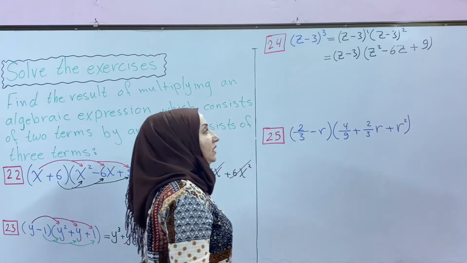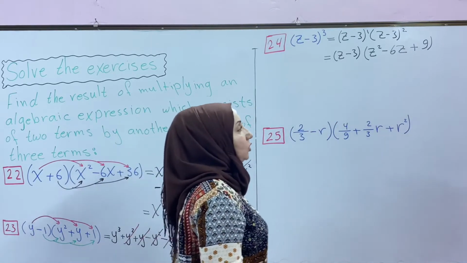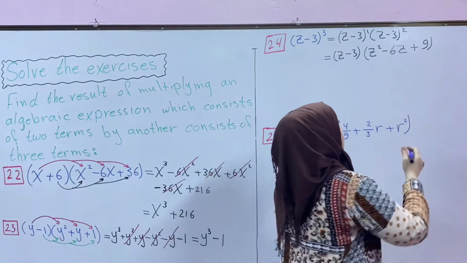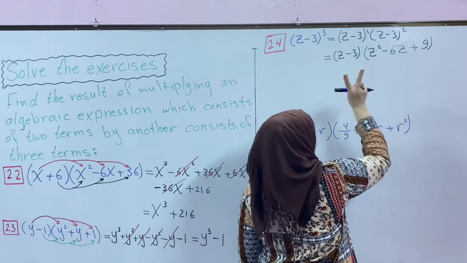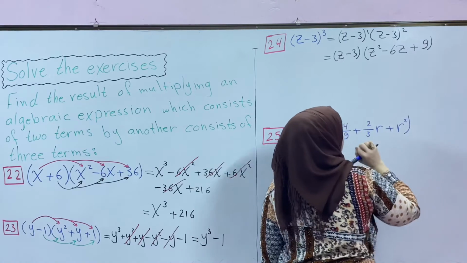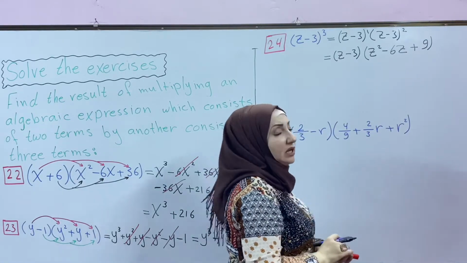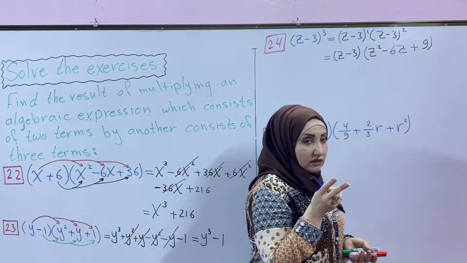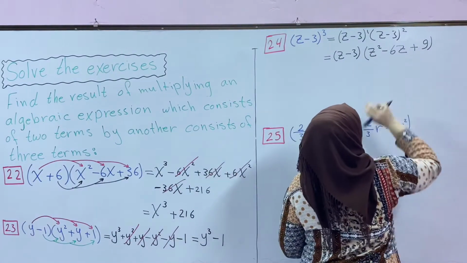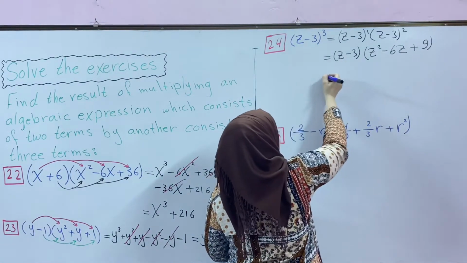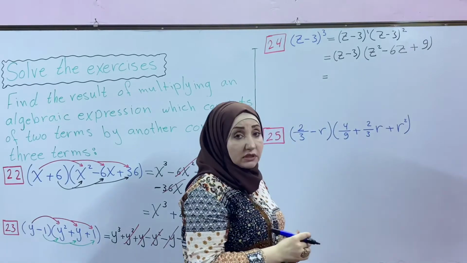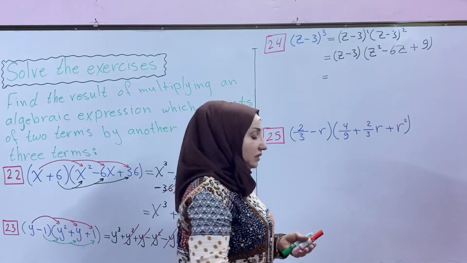And now we get multiplying of two algebraic expressions, of which the first one contains 2 terms and the other contains 3 terms. رجعنا لموضوعنا انه حاصل ضرب مقدارين جبريين، احدهما مكون من حدين والثاني مكون من 3 حدود. Also we will use the property of distribution. راح نستخدم خاصية التوزيع.